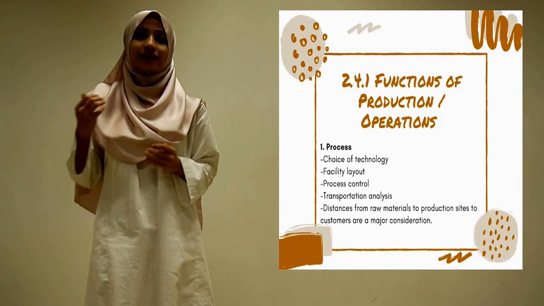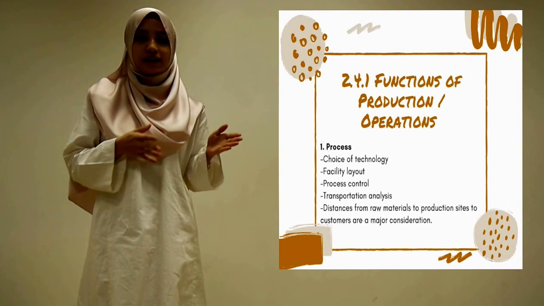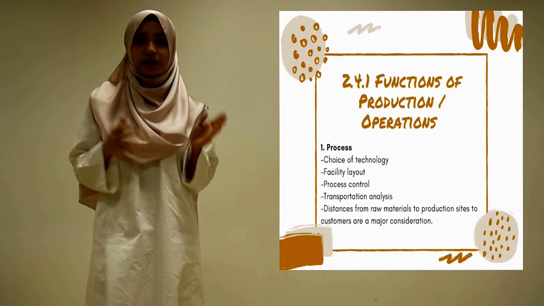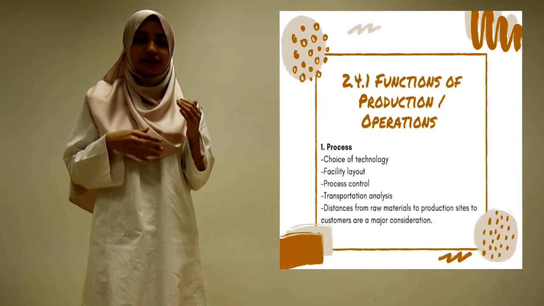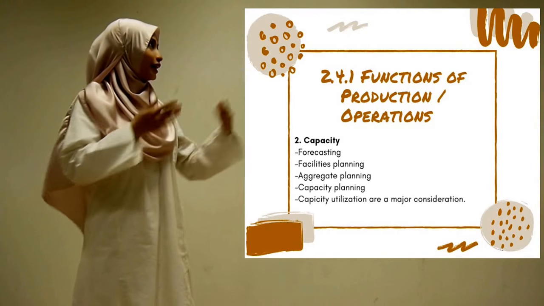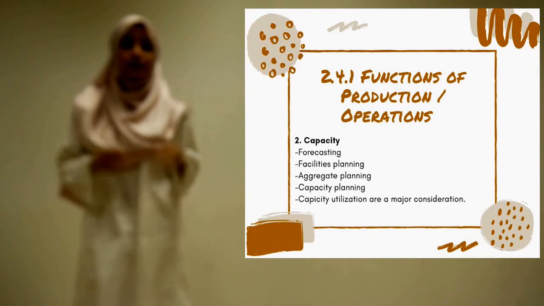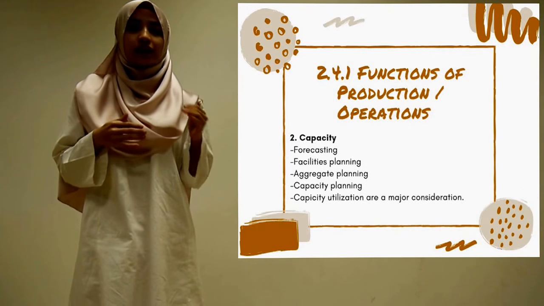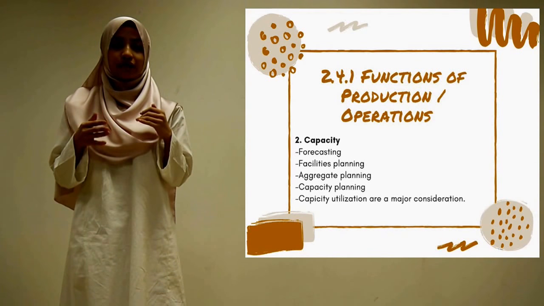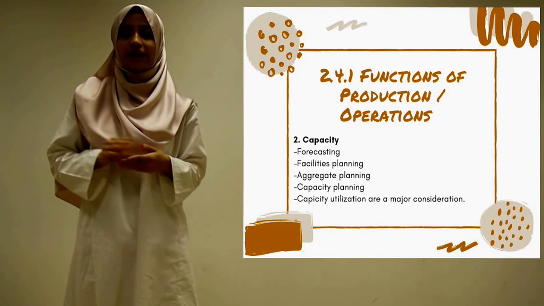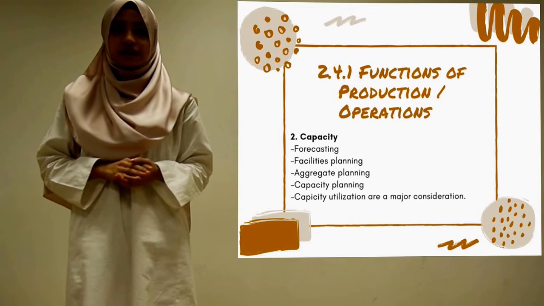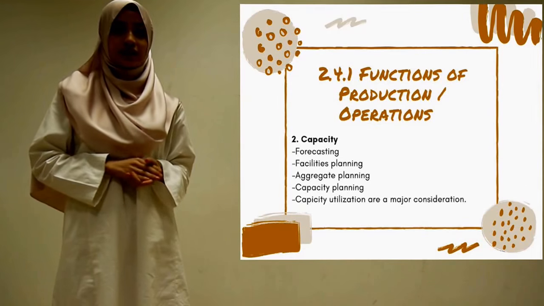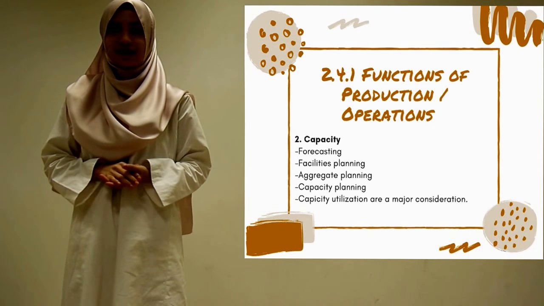For example, distance from raw materials to production sites to customers is a major consideration. Secondly is capacity. This decision involves forecasting, facilities planning, and also aggregate planning. For example, capacity utilization is a major consideration.